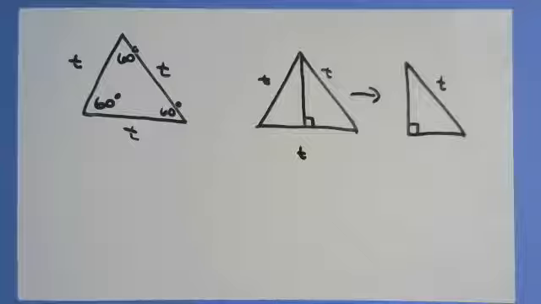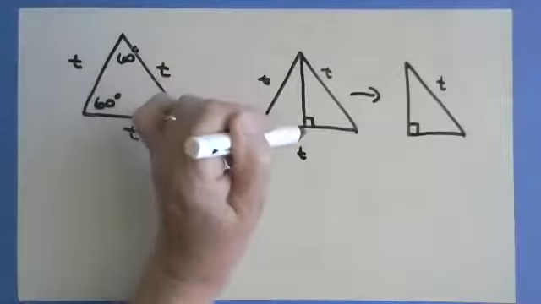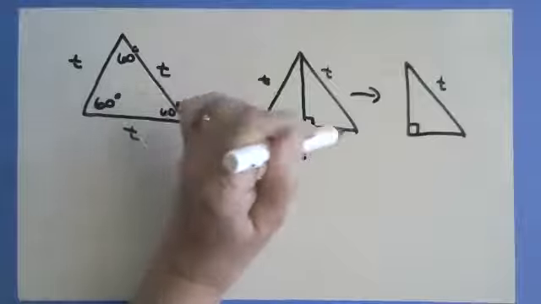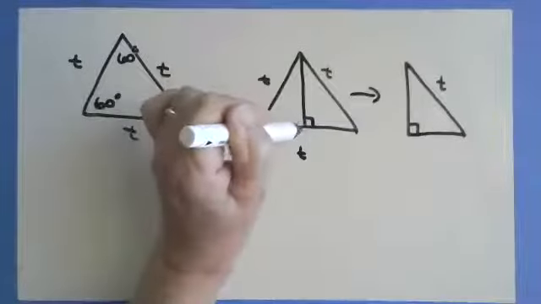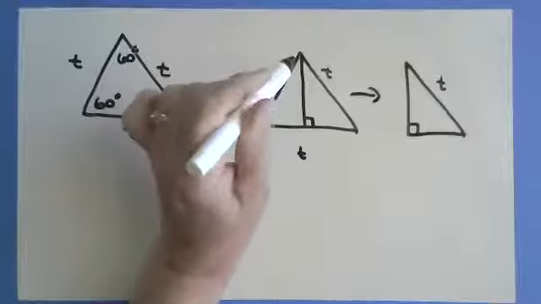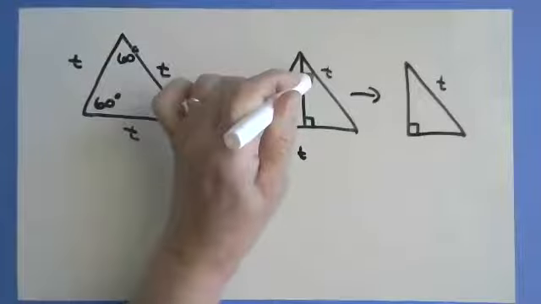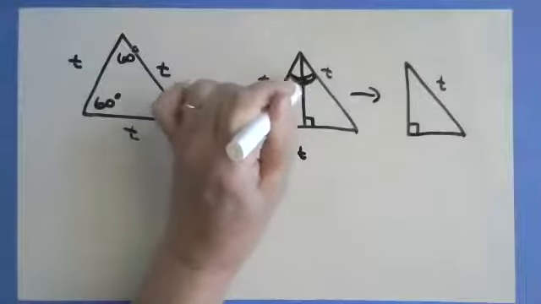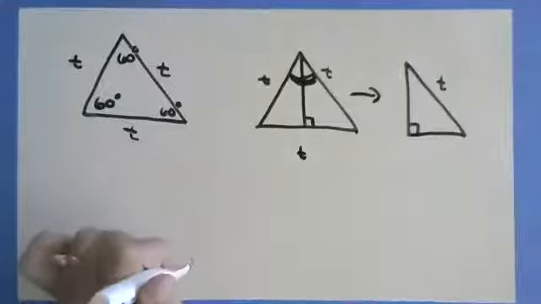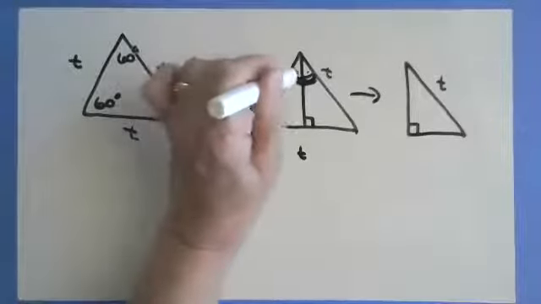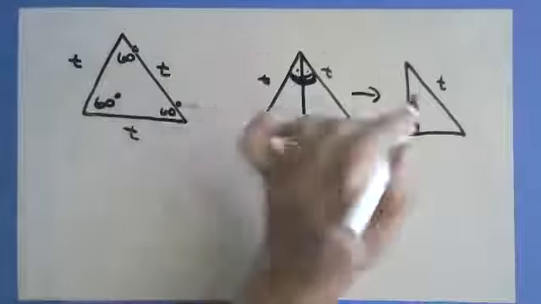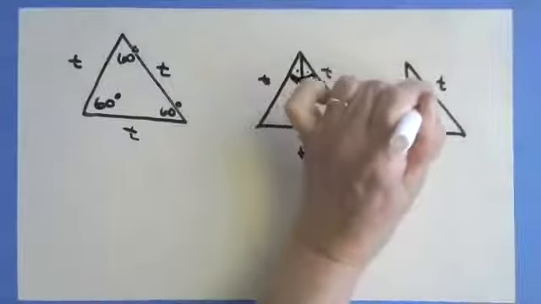What you might know about dropping this altitude on an equilateral triangle is that this altitude, being a right angle, does two important things for us. It takes this angle and cuts it exactly in half. So that means that this small angle and that small angle are both 30 degrees, which gives us 30 degrees here.